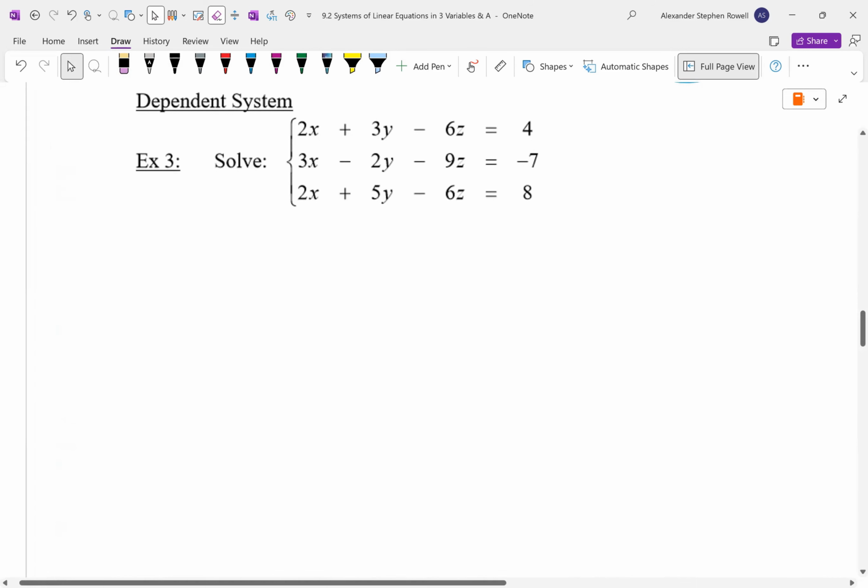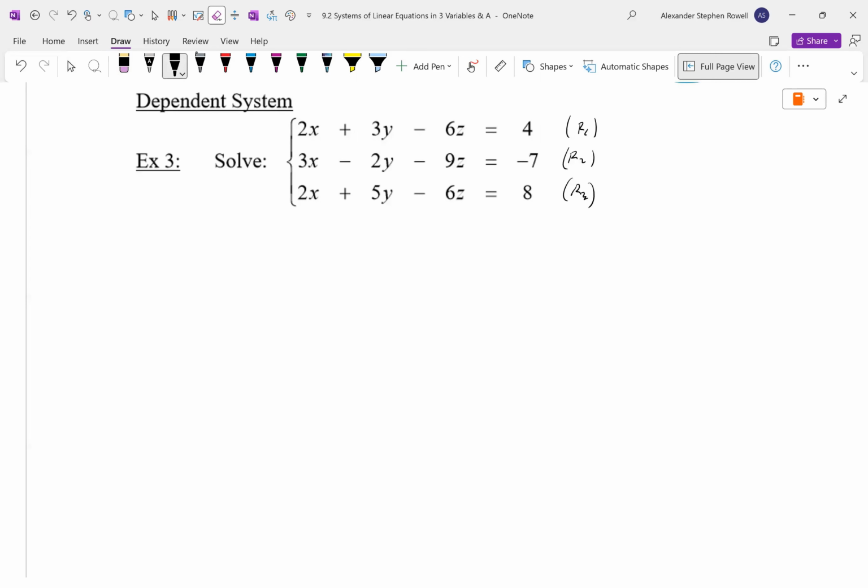You won't know it's dependent when you start. Which variable looks easiest to eliminate? X, Y, or Z? Usually it's just the smallest numbers. So it looks like the x's have the smallest numbers. Row 1, row 2, row 3. It looks like maybe -1 times row 1 plus row 3.